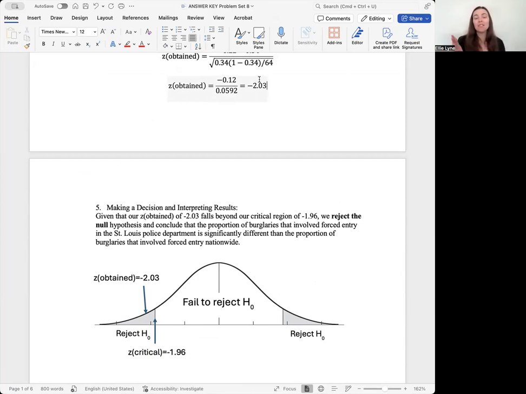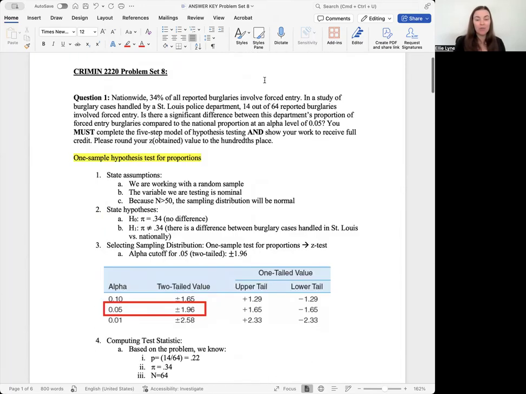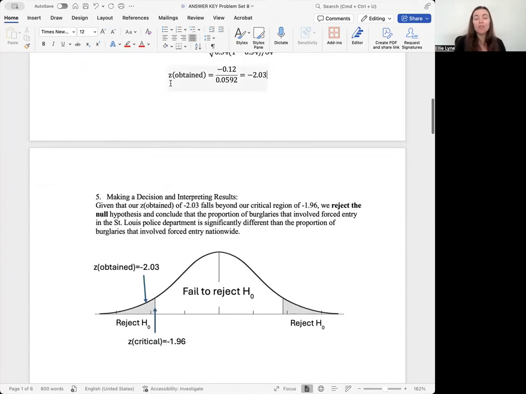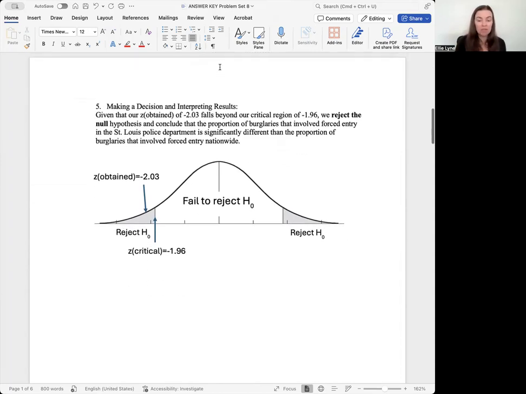If you were asked to conduct this test as an actual researcher or statistician, and you went back to the police department who was interested in knowing this information, and you just gave them this Z obtained value but didn't actually tell them what it meant, that would be a problem, right? So we always want to make sure that we're providing context for what this means.